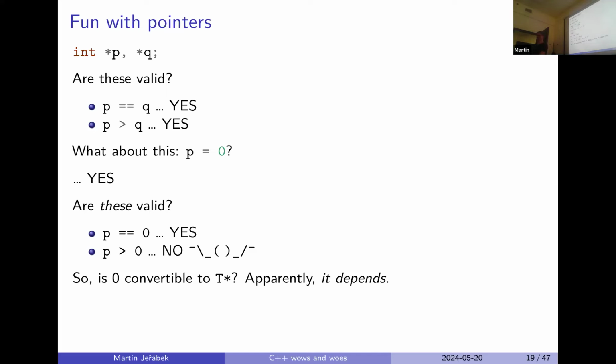It's in the standard that std::less is exempt from this rule. Exactly, specifically for algorithms that need to work with pointers to void. So std::less can actually work with pointers to void. They don't have to be typed.